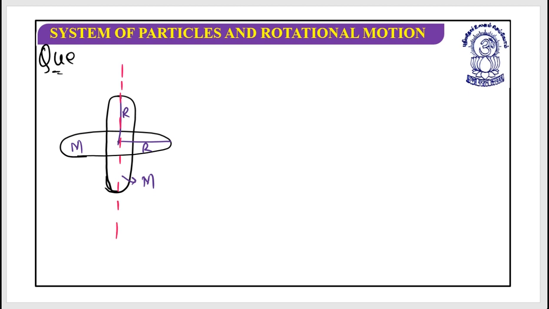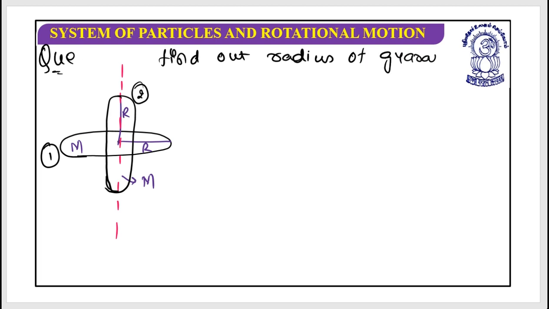Now you can observe that for the first ring it is the ZZ axis, and for the second ring it is YY dash. So what they want is to find out the radius of gyration for the given situation.